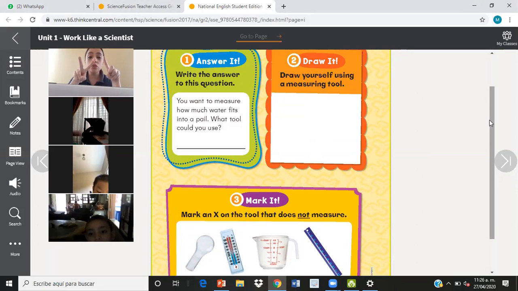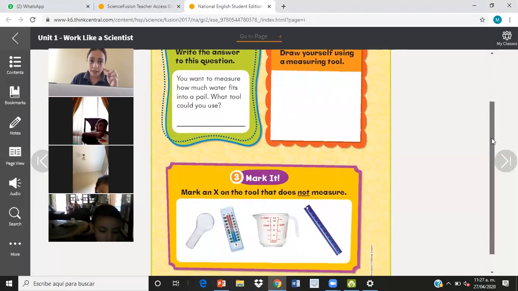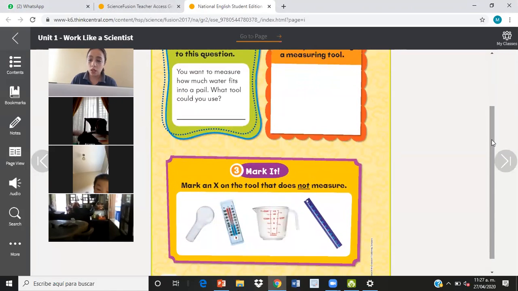So on number 2, draw yourself. Usted mismo se va a dibujar utilizando una measuring tool de las que acabamos de aprender. On number 2, ¿ok? Eso lo hacen despuesito para que no perdamos mucho tiempo.